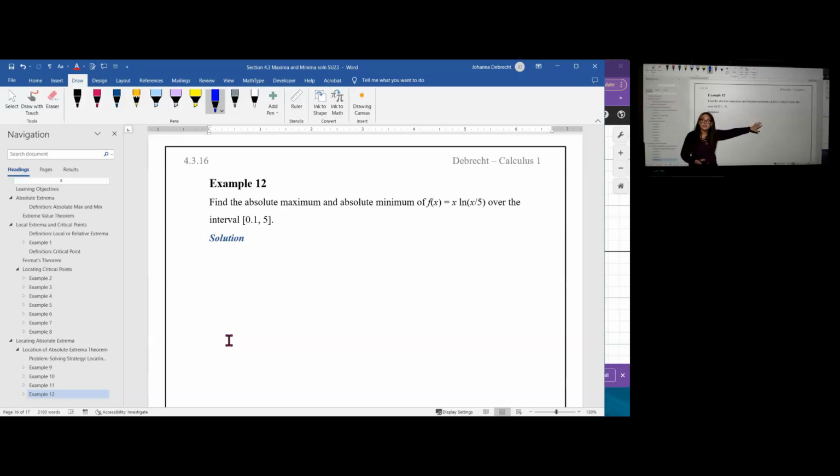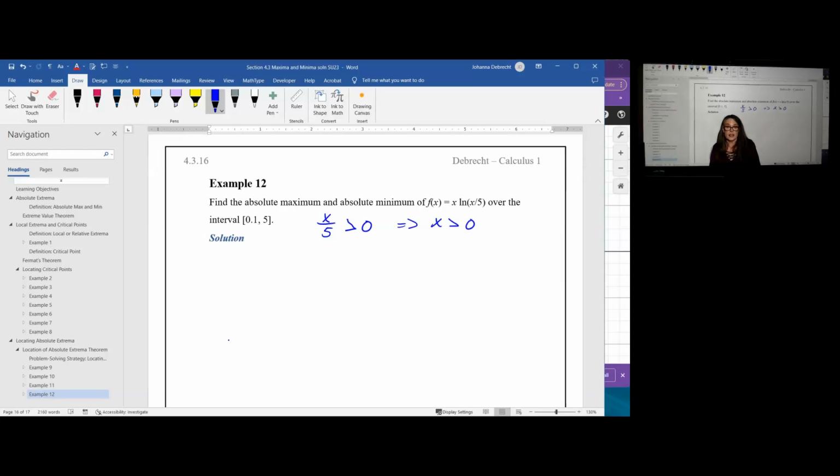Is the function continuous? To decide that, we need to know what the domain of the natural log of x over 5 is. And to decide that, I need to take the x over 5 and say that this has to be greater than 0. That implies that x must be greater than 0.